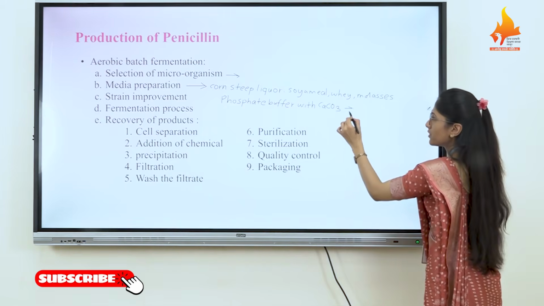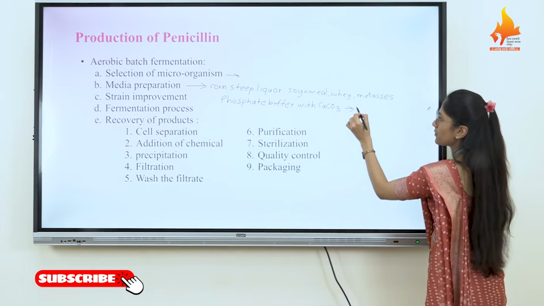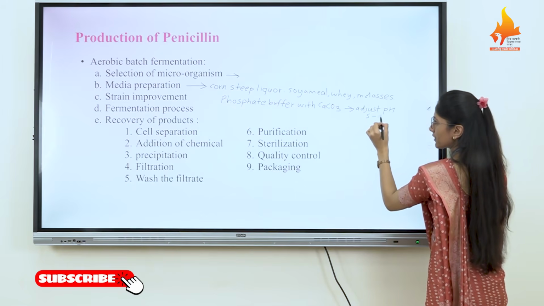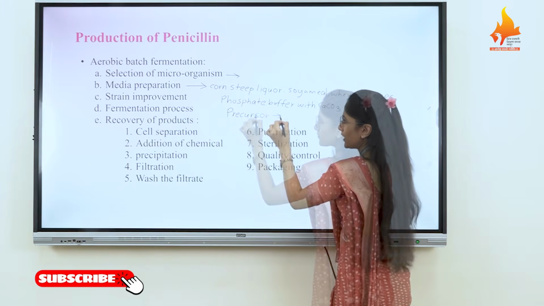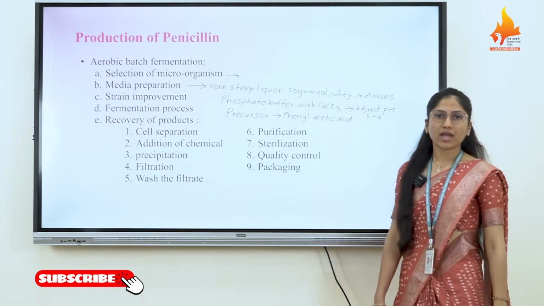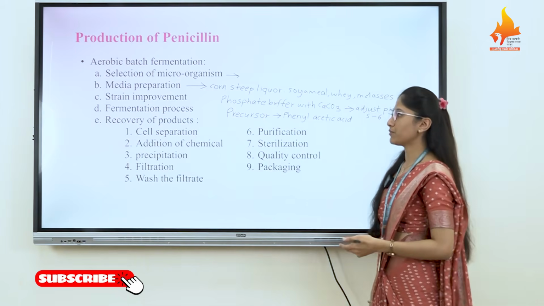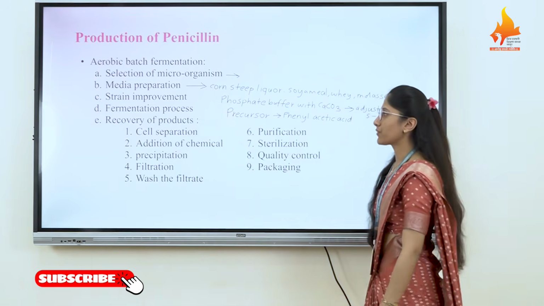This phosphate buffer with calcium carbonate is responsible to adjust the pH level to 5 to 6. Also we add the precursor molecule, that is phenyl acetic acid. Then we add some nutrients such as zinc, magnesium, potassium. So this is the media preparation.